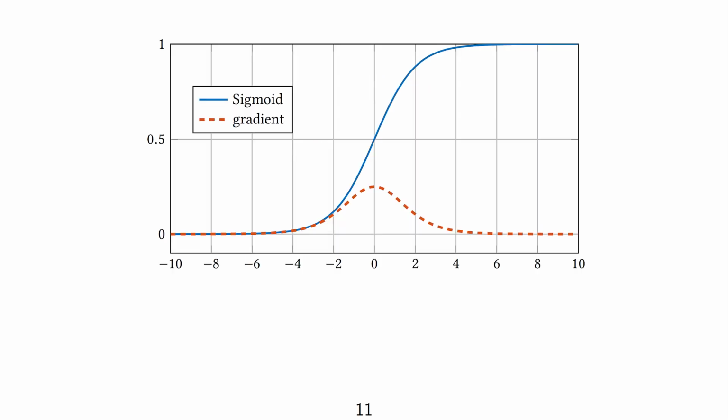Here's a visualization of the sigmoid function together with its gradient, shown as a dashed red line. And what we see here is that the gradient, the derivative, is mainly significant around zero, but if we go far out to the positive or negative direction, then the gradient is almost zero.